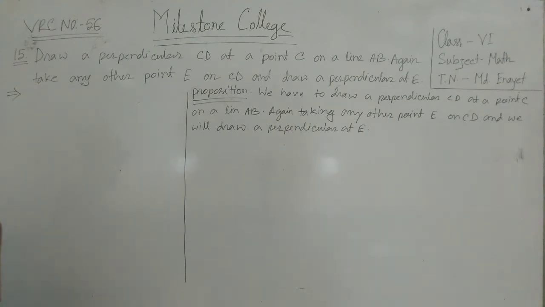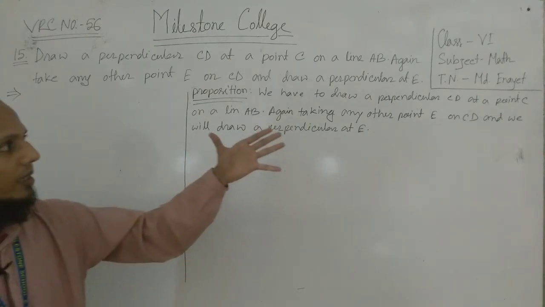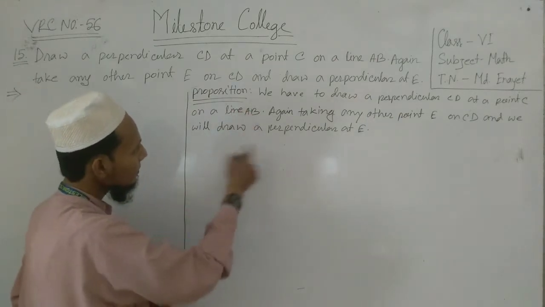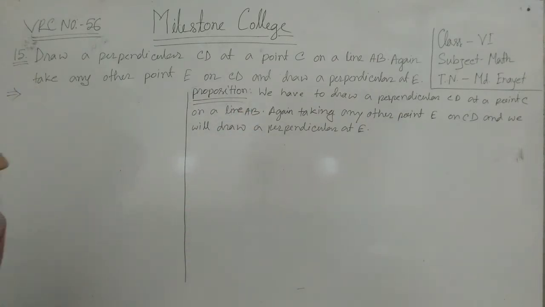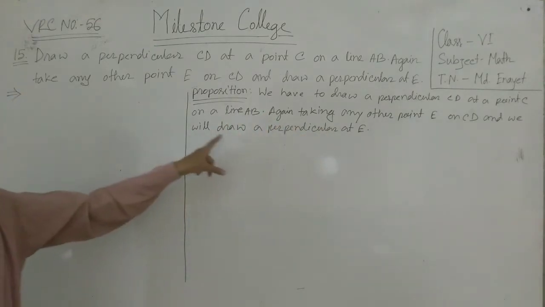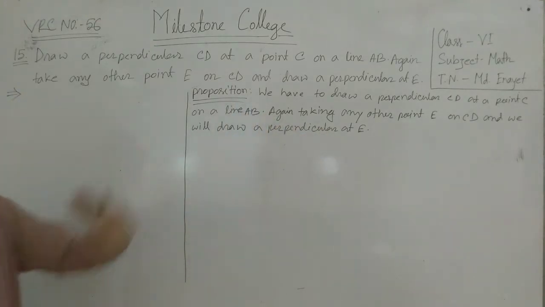We have to draw a perpendicular CD at a point C on a line AB. Again, taking any other point E on CD, we will draw a perpendicular at E.